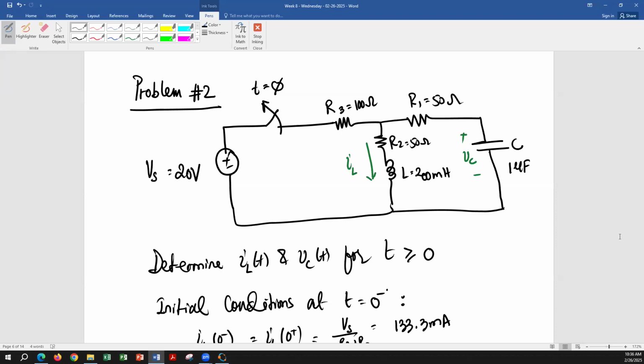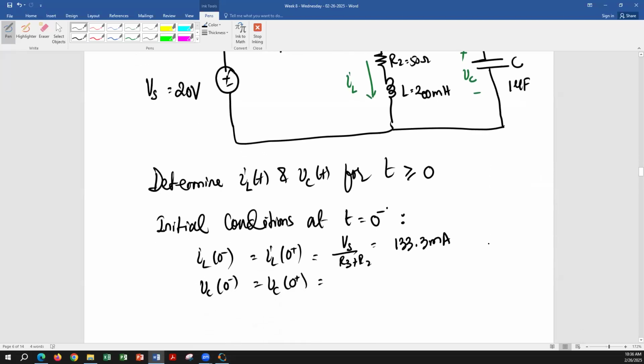Very good, excellent. That's going to be IL times R2 at 0 negative. Because again, capacitor is open, inductor is short. So basically voltage across R2 is the same as voltage across capacitor. No voltage drop in R1, no voltage drop in L. So this is going to be IL0 positive times R2.